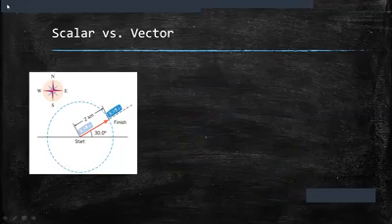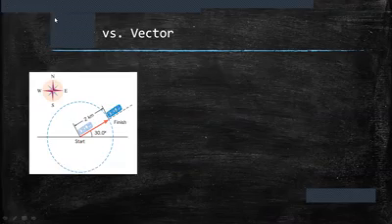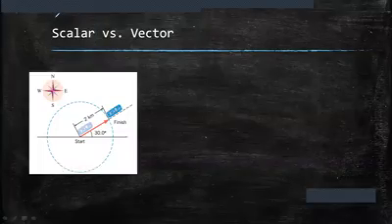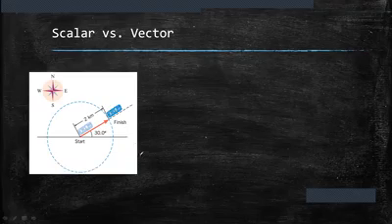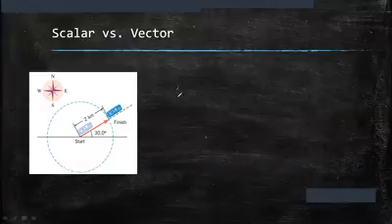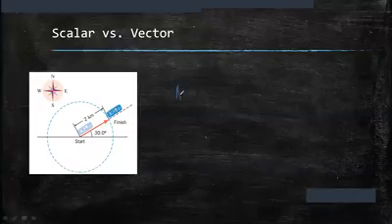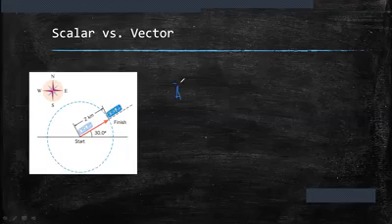In this course, we will represent vectors in symbols with an arrow above them. Let's say vector A will be represented with an arrow above it.